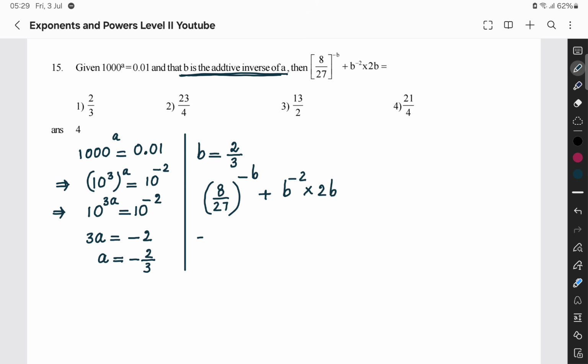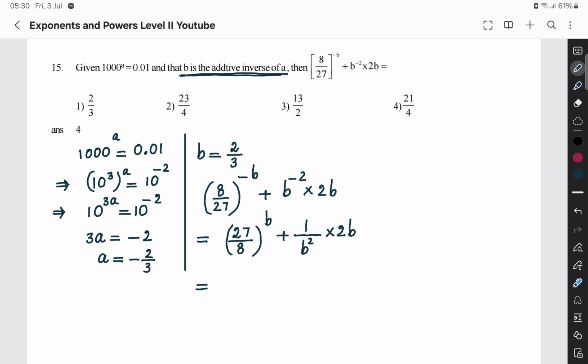So in the next step, I will write this as 27 by 8 whole power b plus b power minus 2 can be written as 1 by b square into 2b.